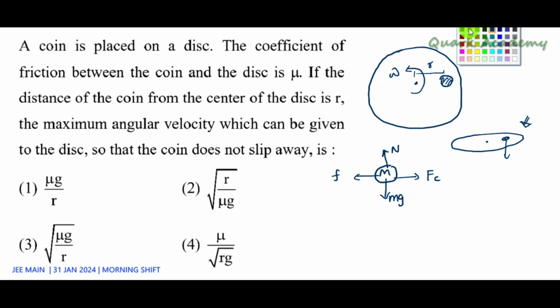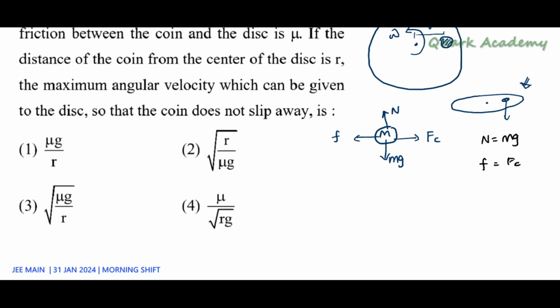Since the coin is going to be at rest with respect to the disk, we can equate the forces. Normal force should be equal to mg. The frictional force should be equal to the centrifugal force. Here frictional force we can write as mu into N, and centrifugal force is mv squared by r. Here v is equal to r omega.